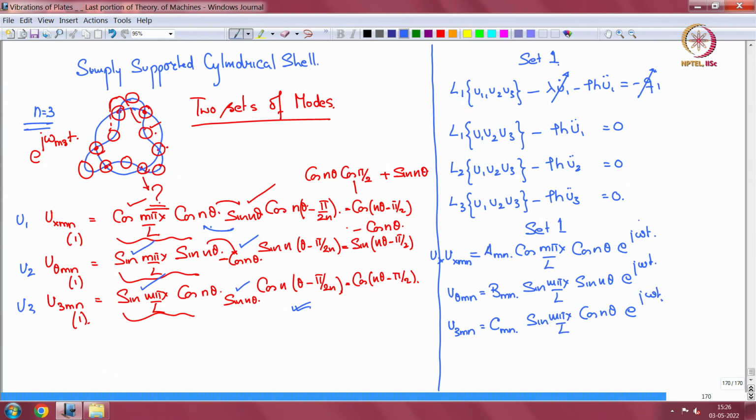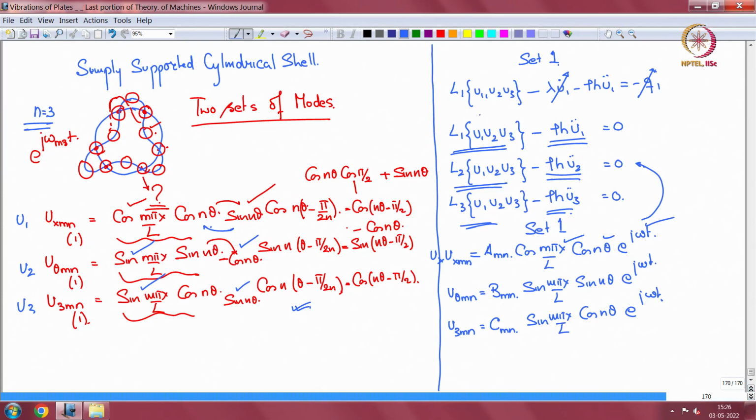So we go ahead and substitute this into these equations. Now L1 is a special operator, it will operate on space. This is a temporal operator, it will operate on time.